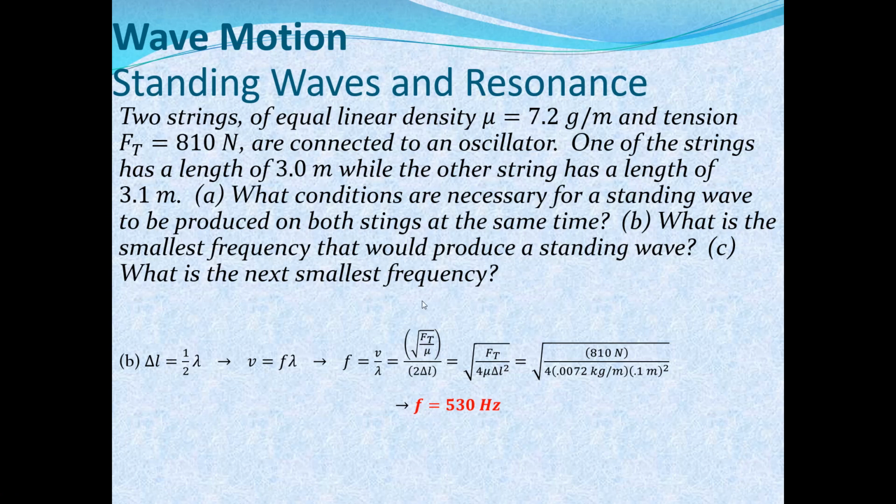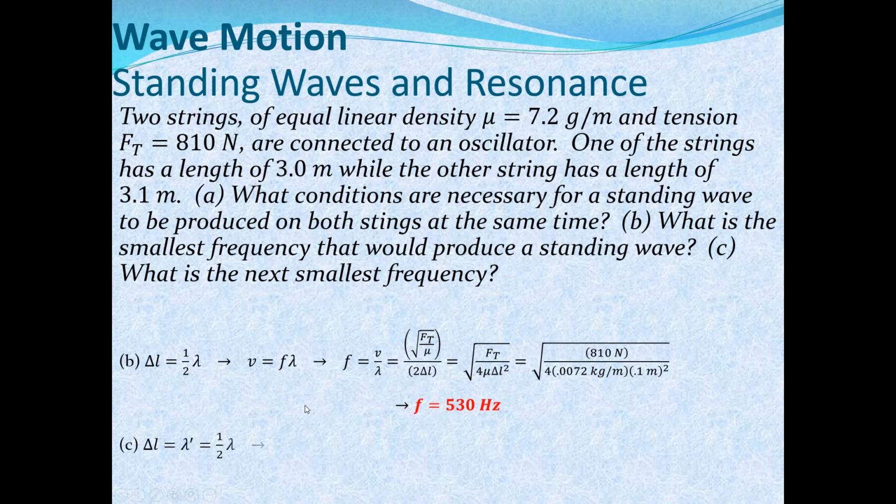Now, part C is pretty interesting. One thing I could do is redo all my math here and just say, well, the next smallest would be, instead of fitting half a wave, a full wave. So I could have done that, basically gotten rid of this 2 factor, which turns into the 4, and then redone my math to figure it out.